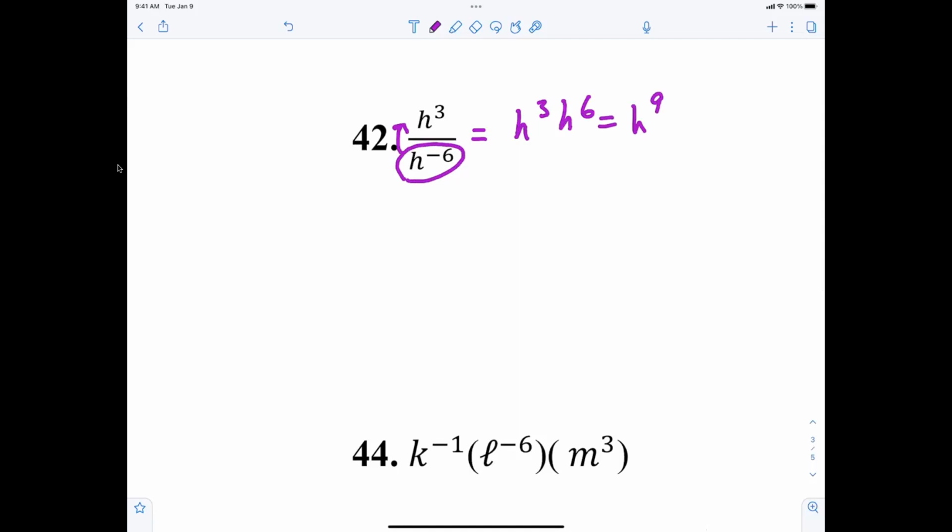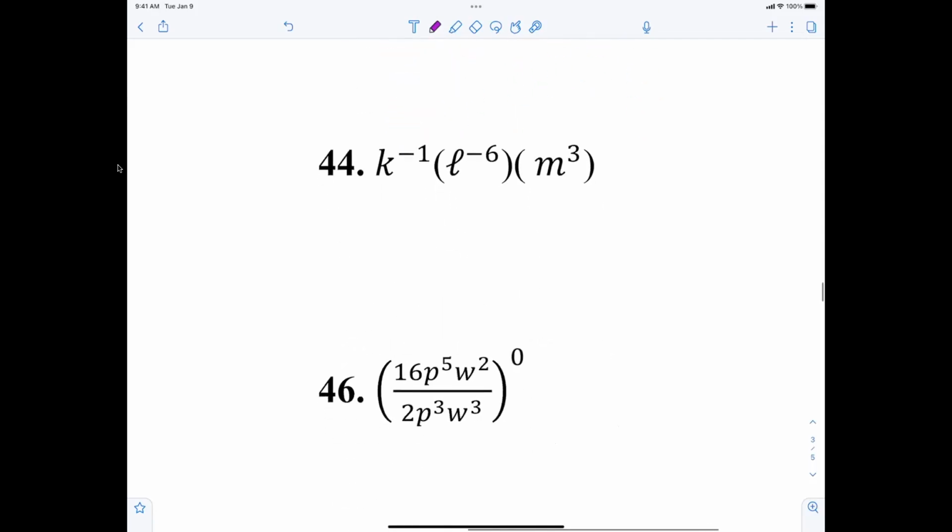All right, look at 44. This has a negative exponent. This has a negative exponent. Those things need to move. So that would be m cubed over k. If you want to put k first, you can. And then it would be L to the 6th.